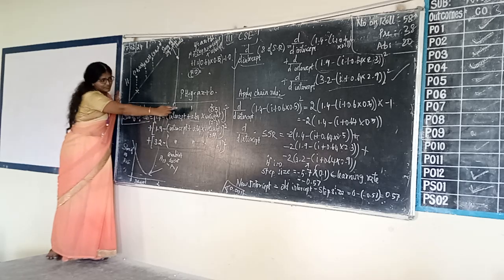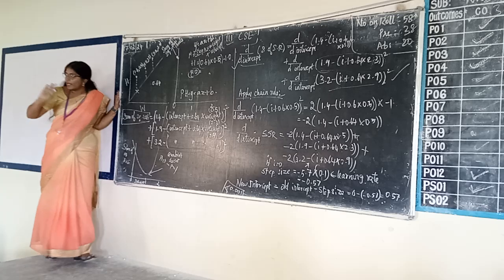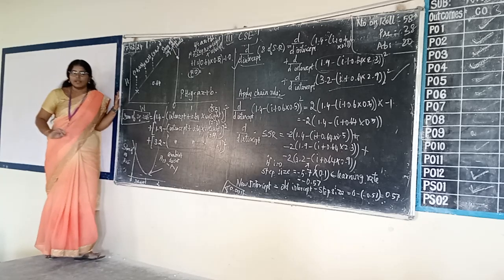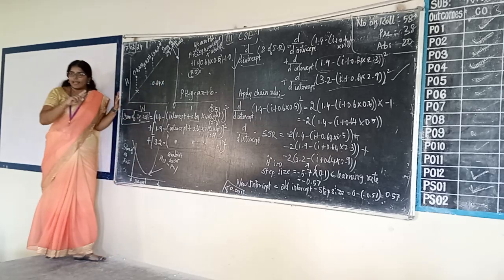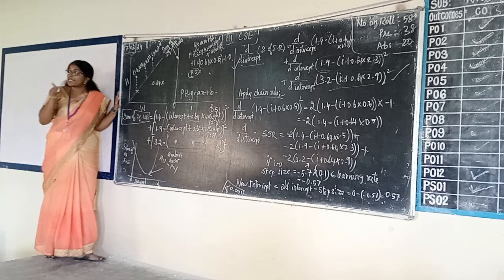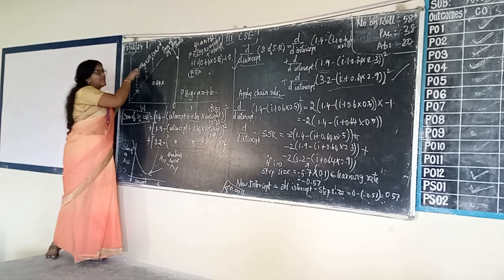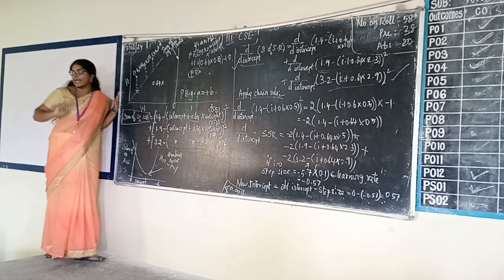The slope value taken in the problem statement is 0.64 for all the data points. So 0.64 into x. What is x? The weight value is 0.5 for the first data point.